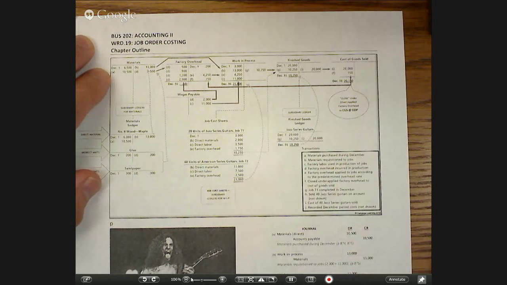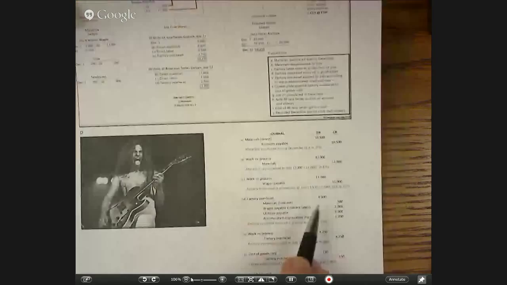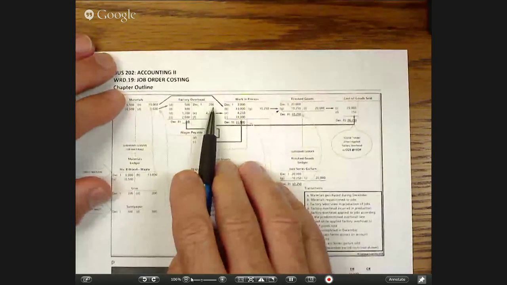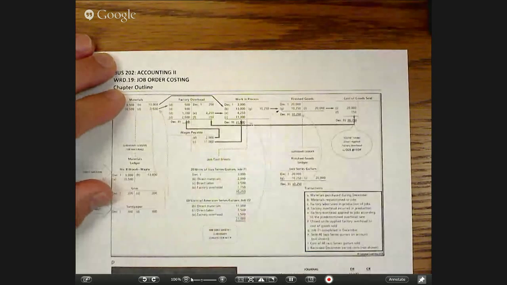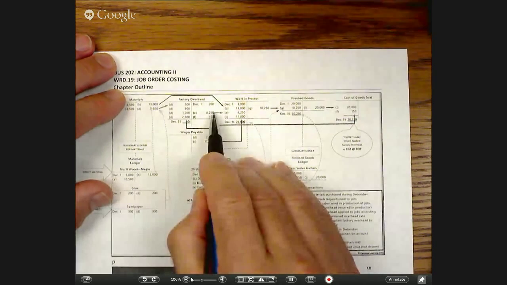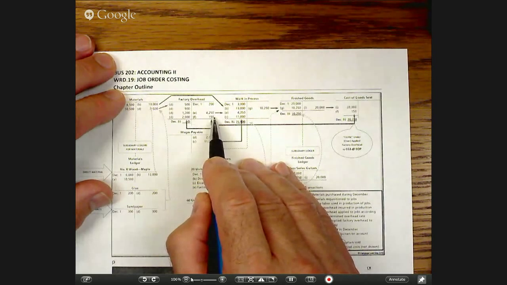So adding 500 plus 900 plus 1,200 plus 2,000 to get the total of the increases, that's the 4,600 that we incurred in this entry here, less the credits in this account, minus 200, which would be the beginning balance, less the 4,250 that we just applied, leaves a balance in the factory overhead account of $150.